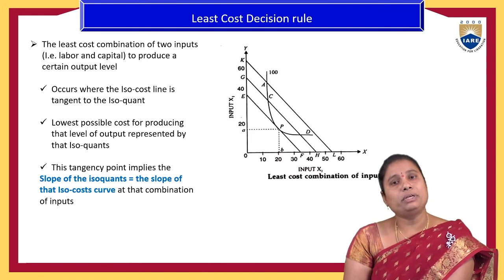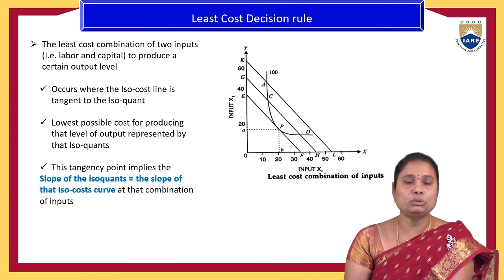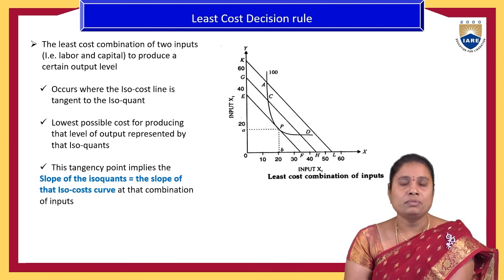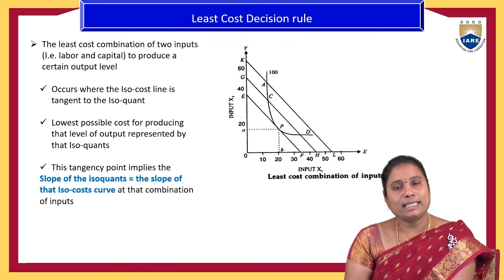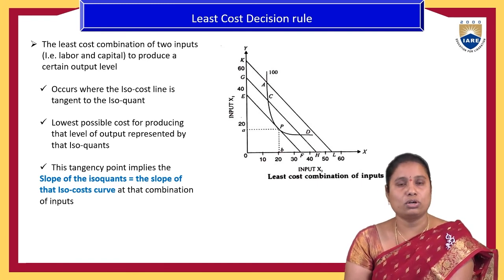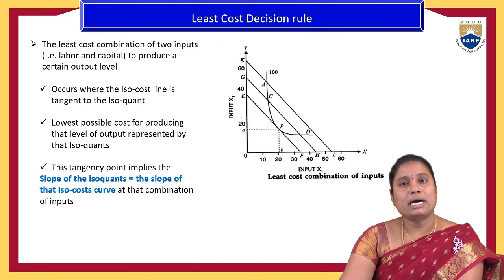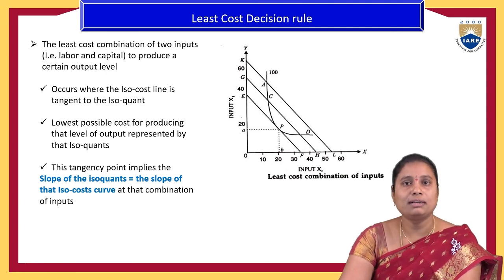Other combinations will lead to a change in quantity levels or cost levels. That is why, while taking decisions based on the least cost combination of inputs, he has to see the sloping curves of the isoquants and isocosts. So that's about isoquants, isocosts, the marginal rate of technical substitution, the least cost combination of inputs, and their usage to the producer in plotting a production function.